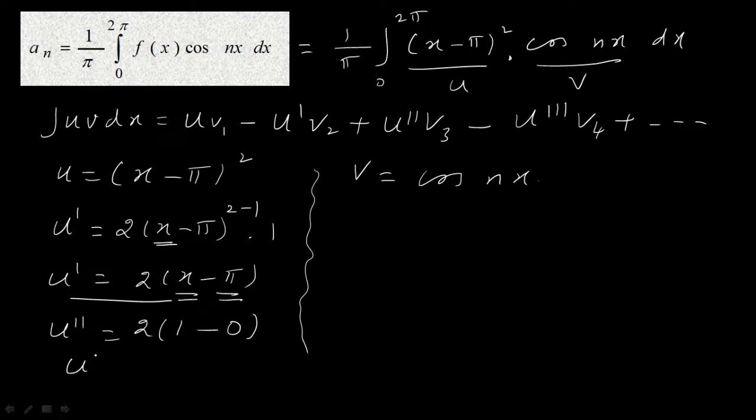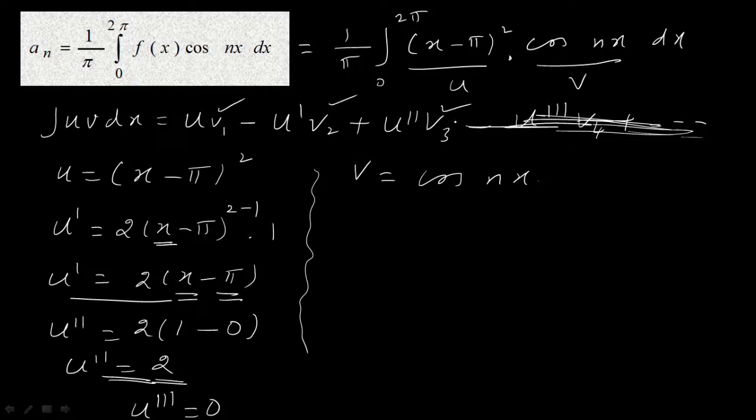So u double dash is 2 itself and u triple dash is 0, because differentiating a constant you get 0. So we have to stop this procedure after this. Since u double dash is equal to 2 and u triple dash becomes 0, we have to stop the formula up to this. So we have to calculate v1, v2 and v3 only.